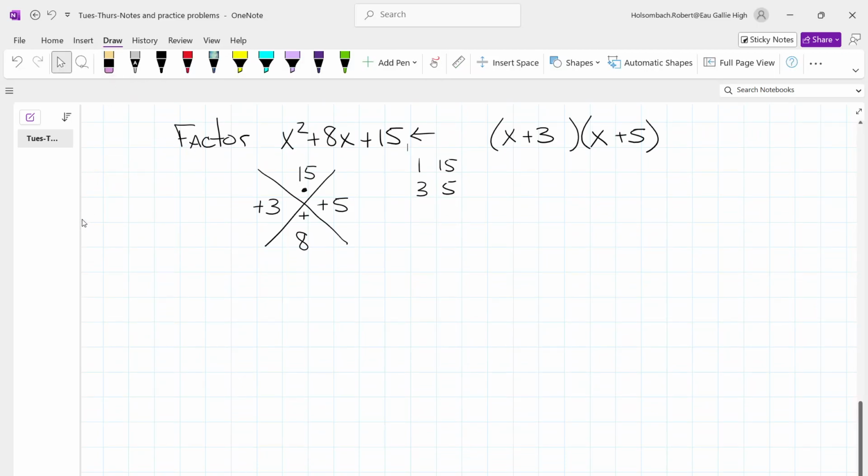Let's try r squared plus 11r plus 24. All right, we're looking for two binomials. Now the binomials are both going to start with an r.